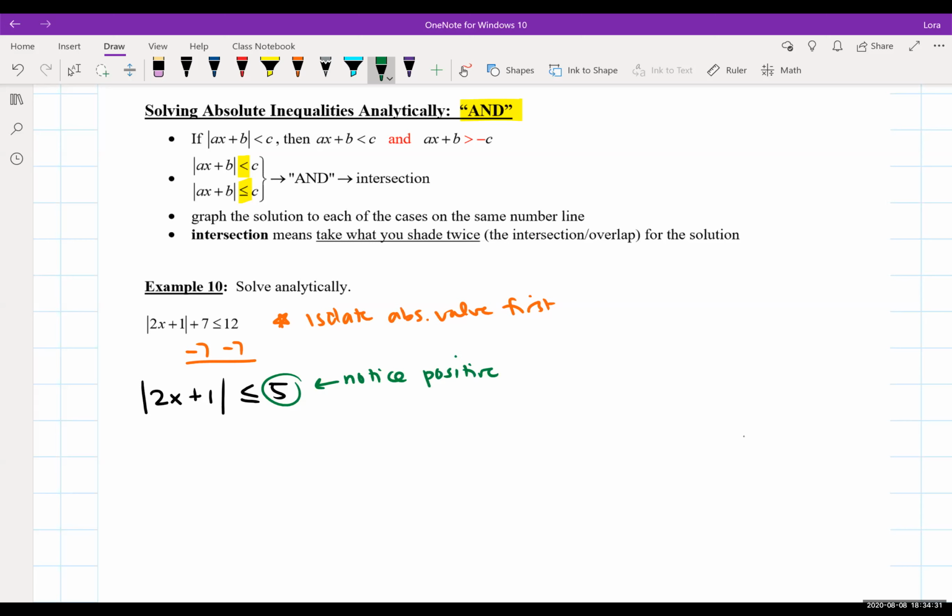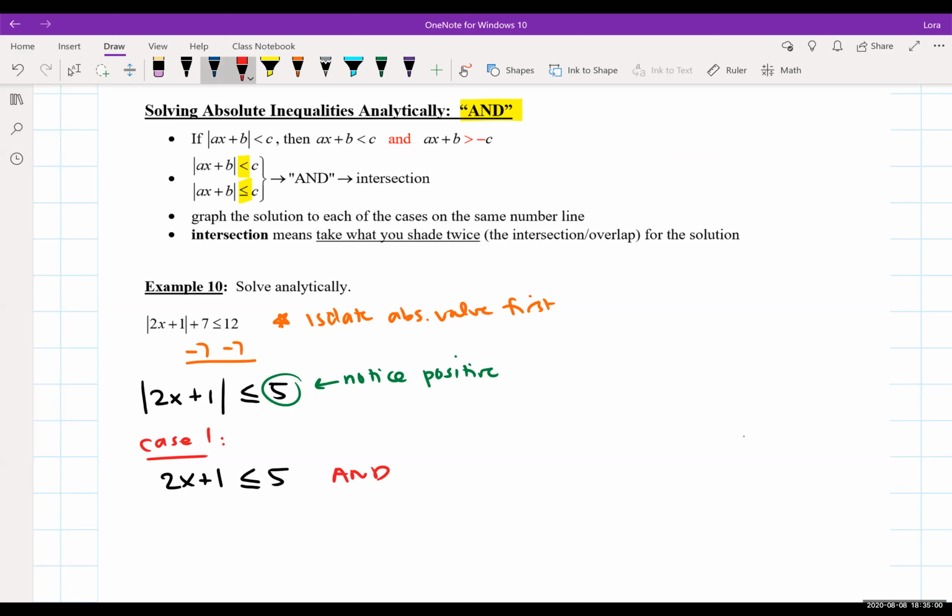So what I will do for myself is I will split up the absolute value inequality into two cases. Case 1 being we drop the bars and keep everything else the same. Always have this connector word, that's the AND case.